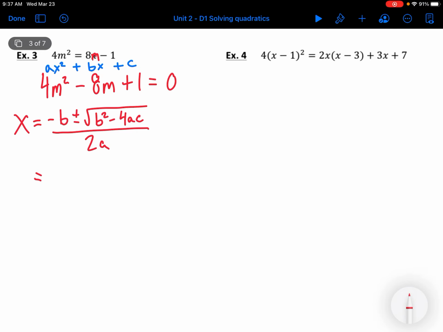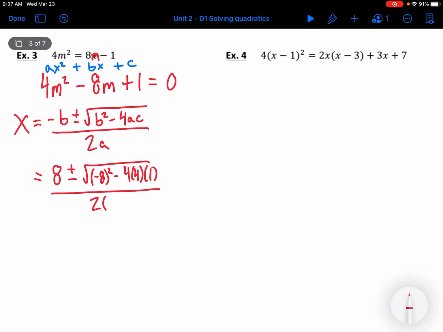Our b in this case is -8. So we would have -8, which is +8, plus or minus the square root of b squared, which would be -8 squared, minus 4 times 4 times 1, all over 2 times 4.